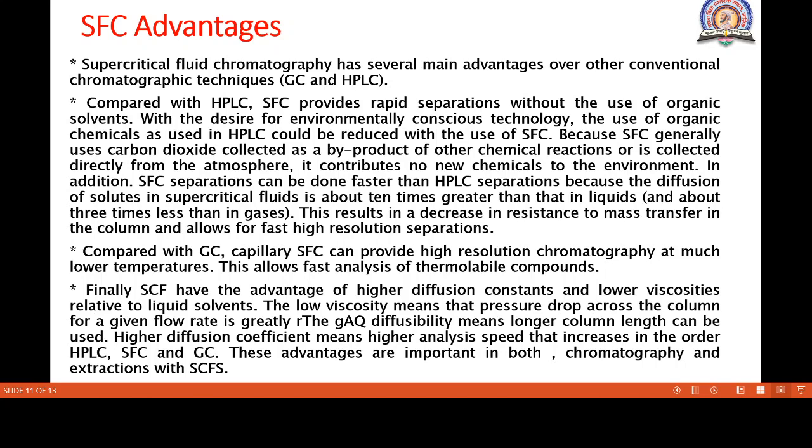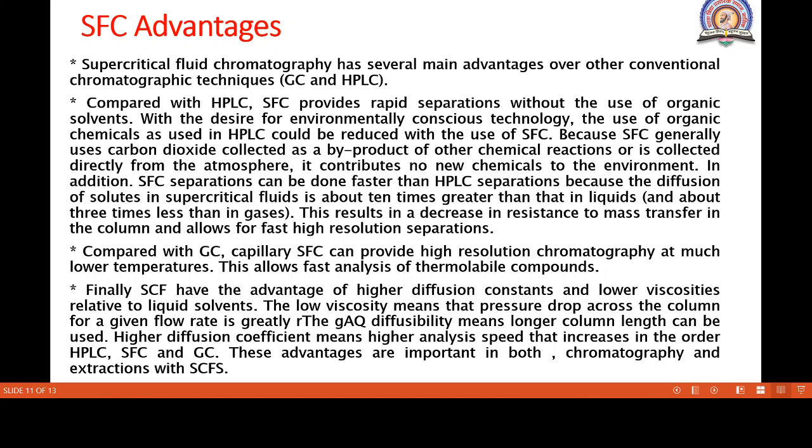Because SFC generally uses carbon dioxide collected as a byproduct of other chemical reactions, or collected directly from the atmosphere, it contributes no new chemicals to the environment.